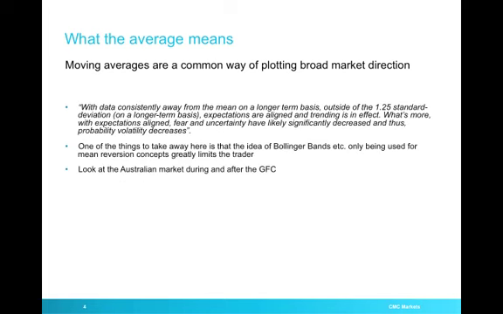Now, what he goes on to say here, and I'm sorry to be just reading direct from the slides here, but it's just for emphasis sake. He says, with data consistently away from the mean on a longer term basis, outside of the 1.25 standard deviation on a longer term basis, expectations are aligned and trending is in effect.